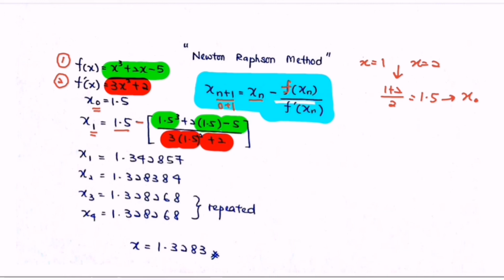With the help of the calculator, key in the expression, press calculate, insert the value 1.5, and we will have x1 equals 1.342857.